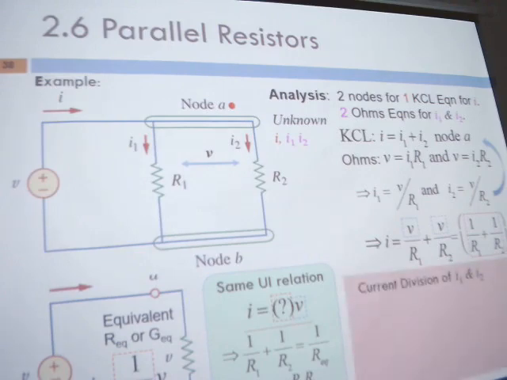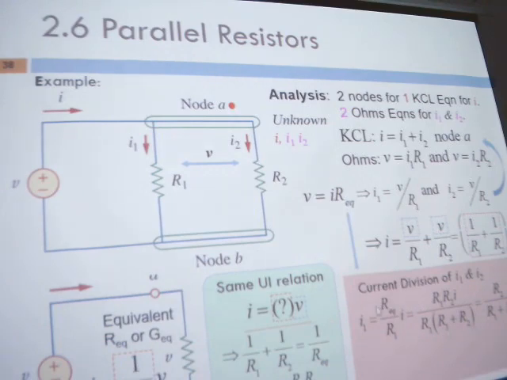Now we're going to see the current division of I1 and I2. From Ohm's law, we can have I1 equal to Req over R1 times I. Clear? And then we put the value of Req inside.